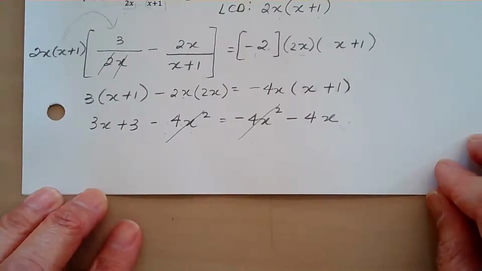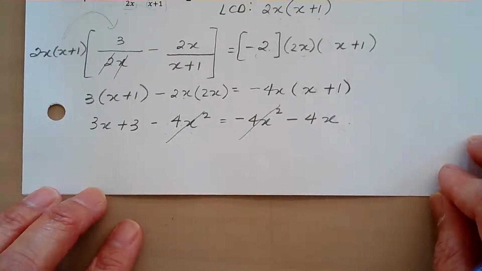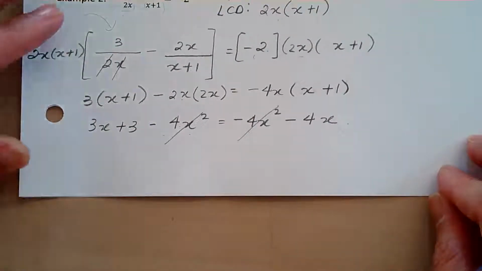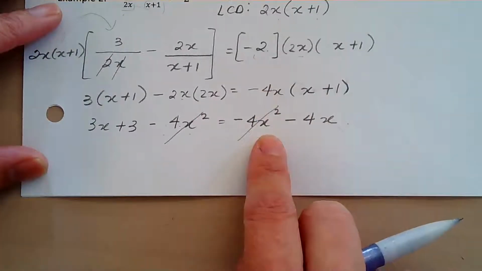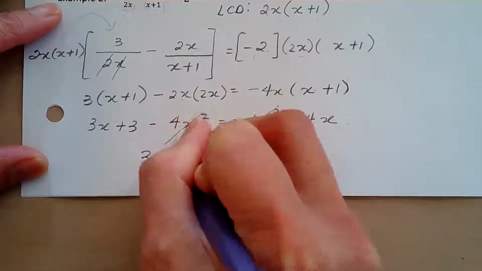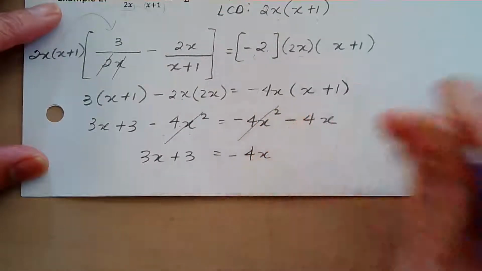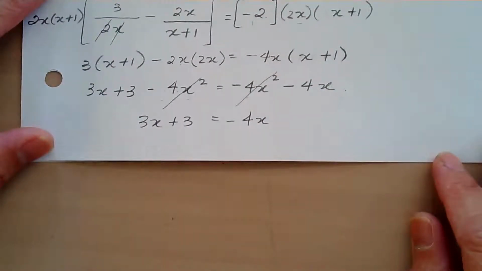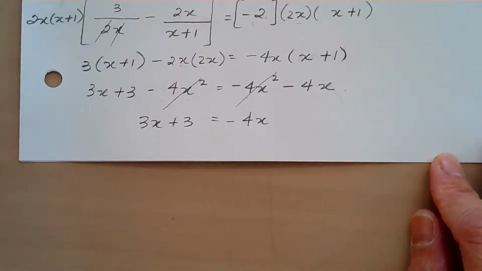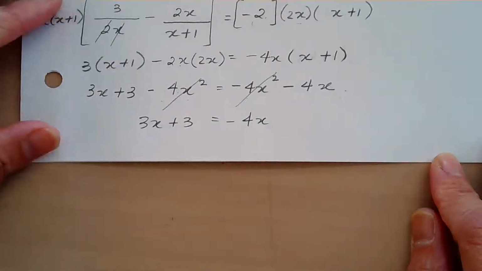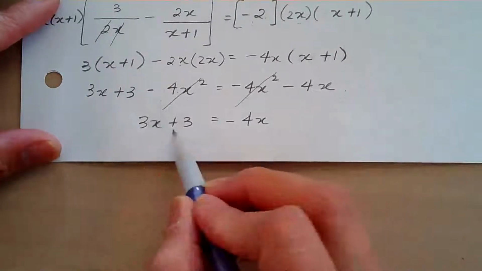Do you think we're going to have a quadratic? Not anymore, right? So this becomes just 3x plus 3 equals negative 4x. Okay, so this is going to be a one variable, linear equation.